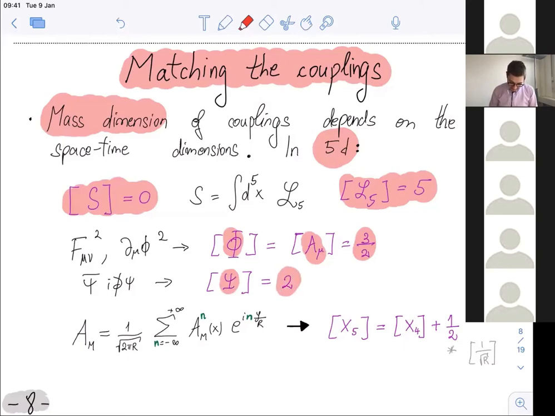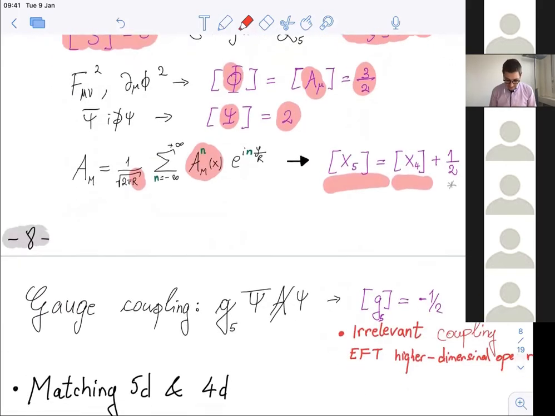Actually, from the Fourier series, you can see that these coefficients have a square root of r, which gives the proper normalization of the Fourier modes. And the square root of r carries 1/2 dimension. Therefore, the dimension of the 5D field is the dimension of the 4D field plus 1/2. So the fields in 5D have, on top of their ordinary 4D canonical dimension, an added 1/2 for scalar, vector, and fermion.